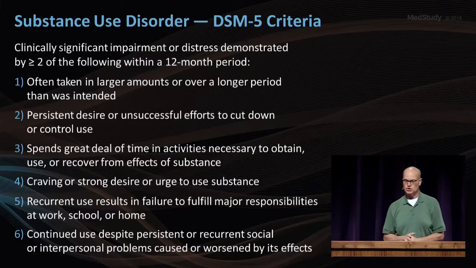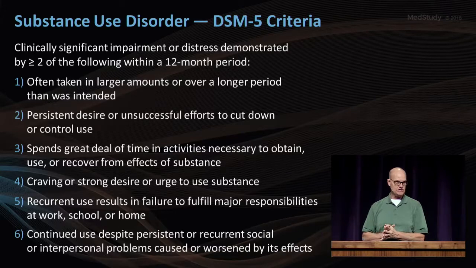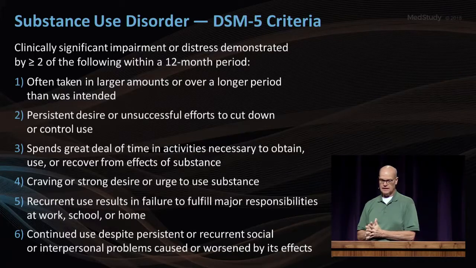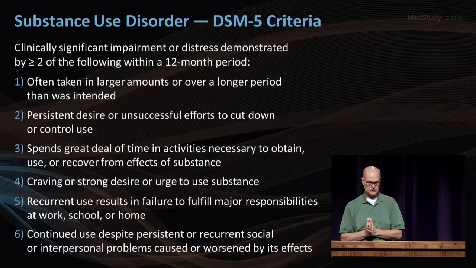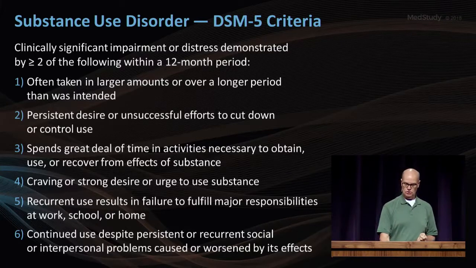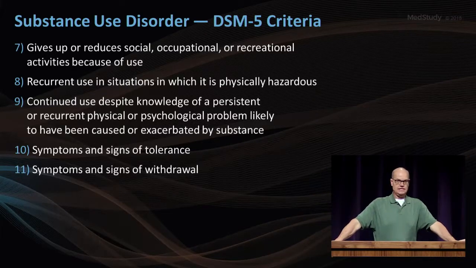So taking in larger amounts over a period of time, persistent desire or can't stop, lots of time getting the drug and recovering from it, a craving that gets worse, now interfering with responsibilities, continued use despite problems that it's creating. Again, giving up activities that were once important, recurrent use in situations where it's physically hazardous.